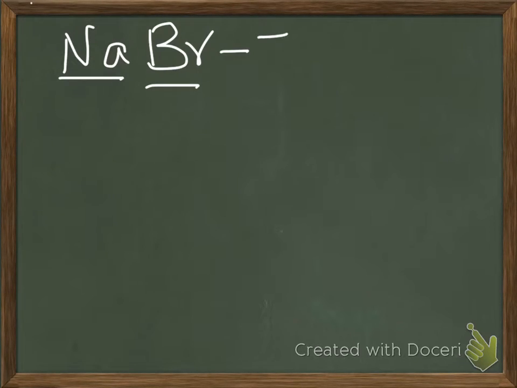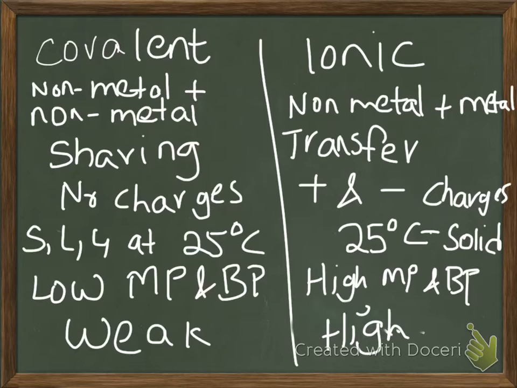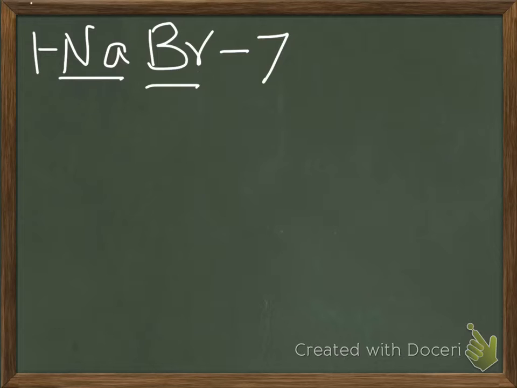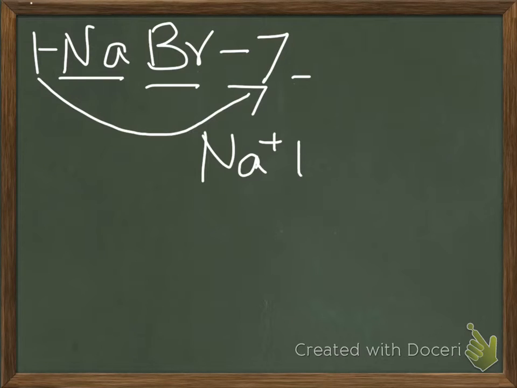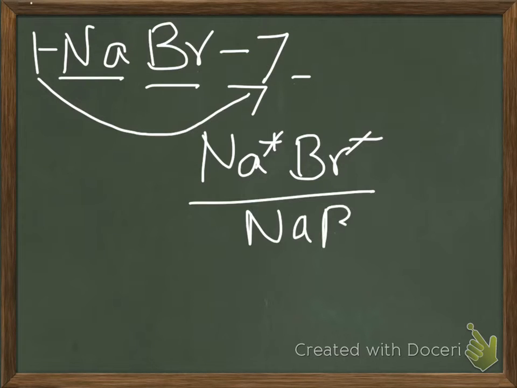Bromine has 7 valence electrons in its outermost shell, and sodium has 1 electron in its outermost shell. So sodium transfers 1 electron to bromine and it becomes stable. It becomes Na+ and Br-. The charges cancel and sodium bromide is the answer.